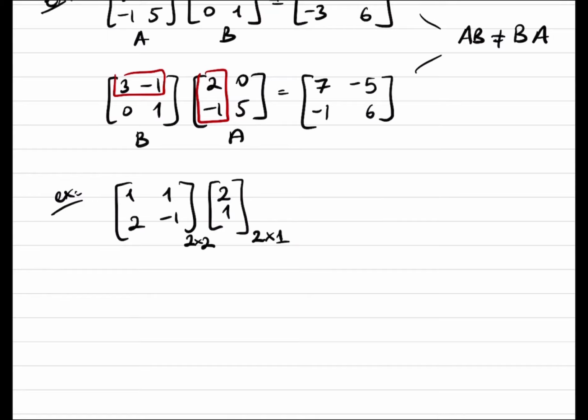So this is a 2 times 1 matrix and this is a 2 times 2 matrix, and so these dimensions match. We can multiply, and after the multiplication we should get a 2 times 1 matrix. So 2 plus 1, 3. 2 times 2, 4, minus 1. And then we will get 3.